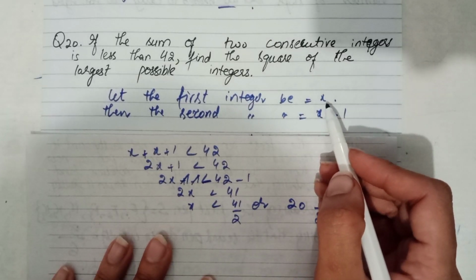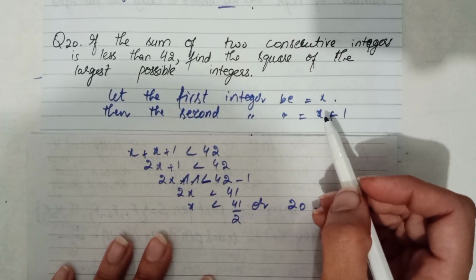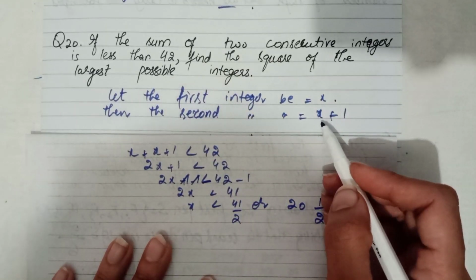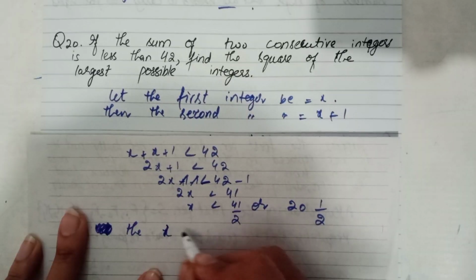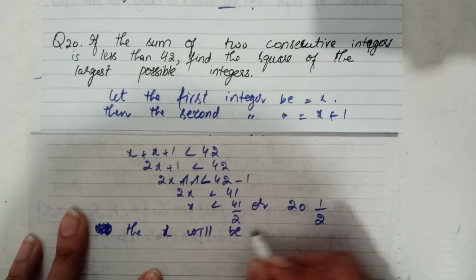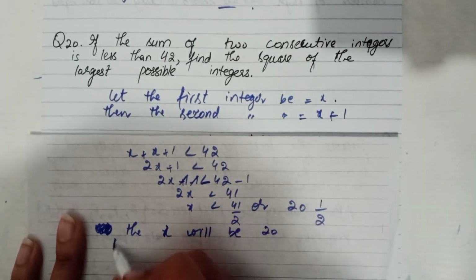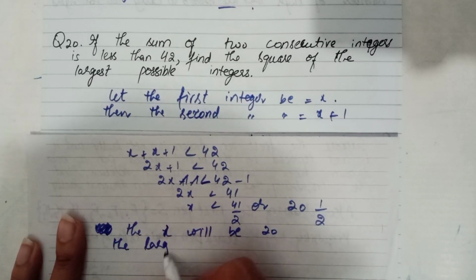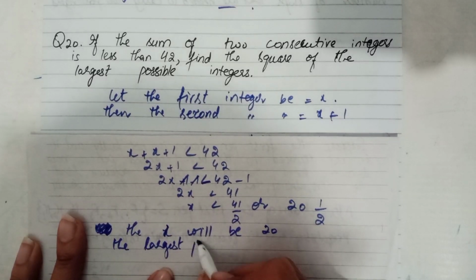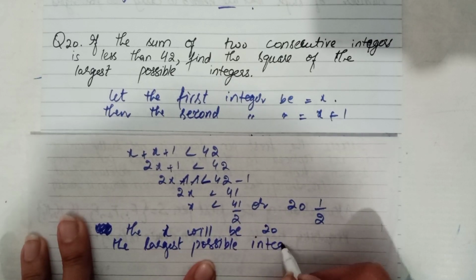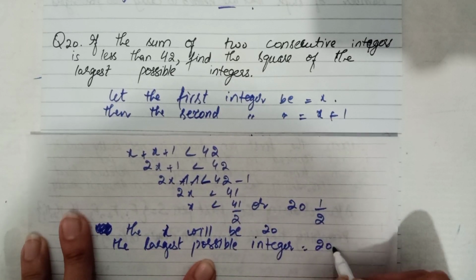It means the first integer is 20 and we have to find the largest possible integer, and we have to put these values in. The value of x is 20, and the largest possible integer is 20 plus 1.